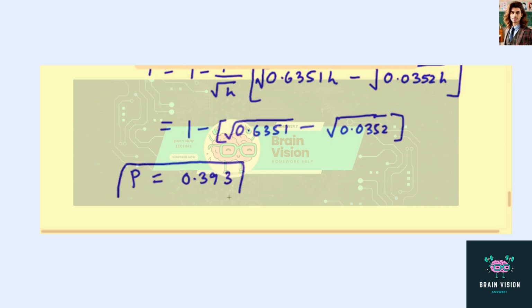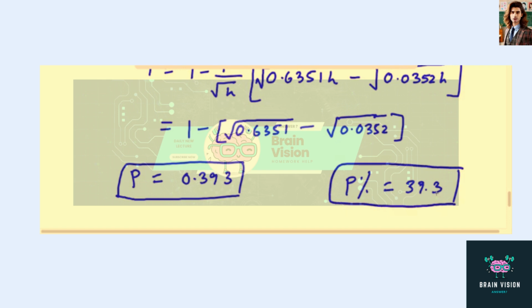That means the probability is 39.3%, and that is the probability that a photograph selected at random will show a distance x more than 1 standard deviation away from the average. Thank you.